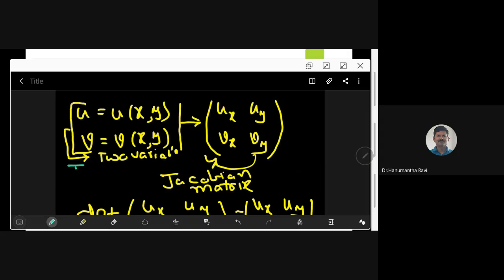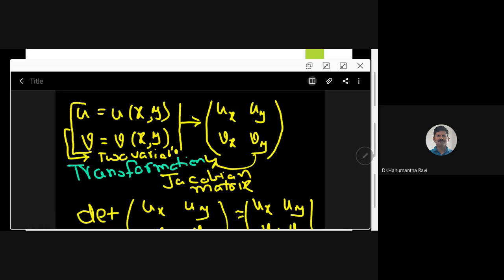Sometimes we will call it a transformation. So this is the Jacobian matrix of the transformation, and the Jacobian is the determinant of that matrix.